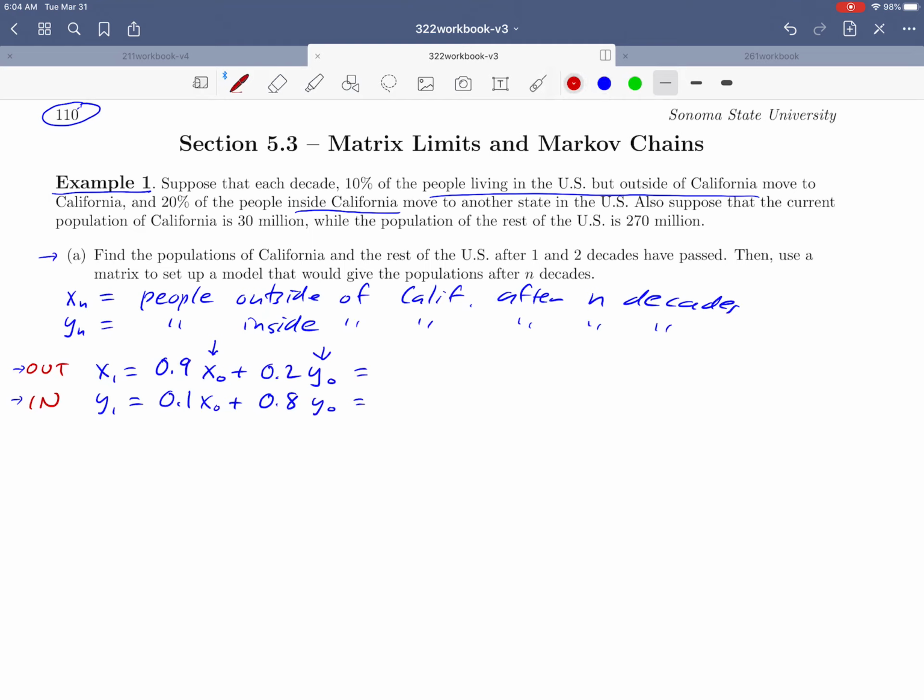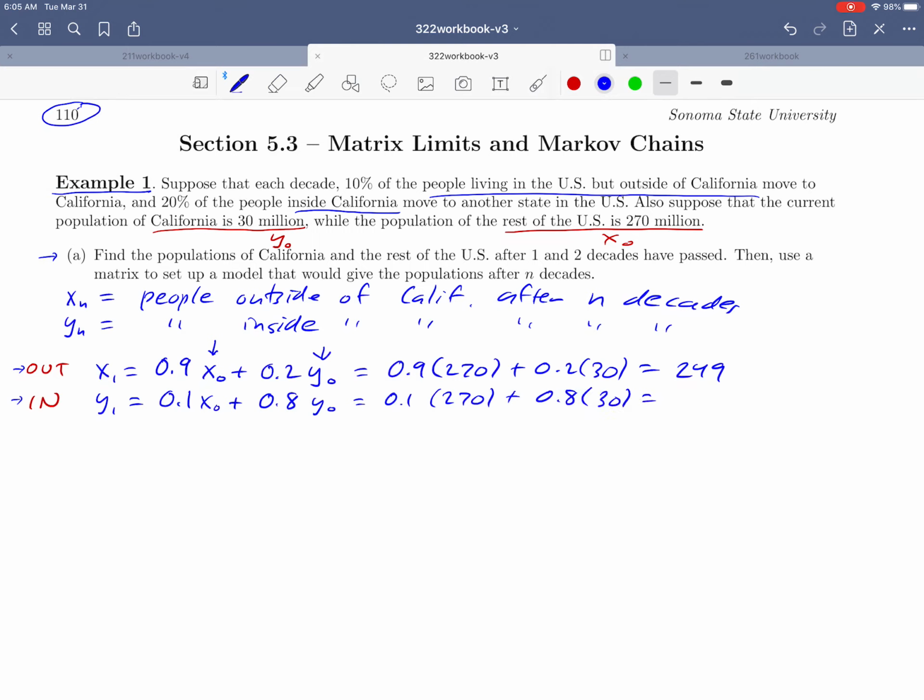Going back to our original data, they tell us that the original population of California is 30 million. Notice that that's Y naught. And the rest of the US, 270 million, that's X naught. So we can fill in those numbers and see what we get here. 0.9 times 270 plus 0.2 times 30. You can double check my arithmetic; that winds up being 249. And down here, 0.1 times 270 plus 0.8 times 30. That's going to be 51.